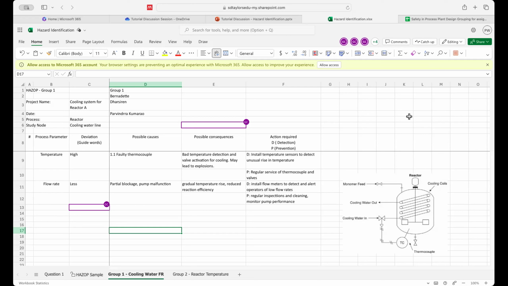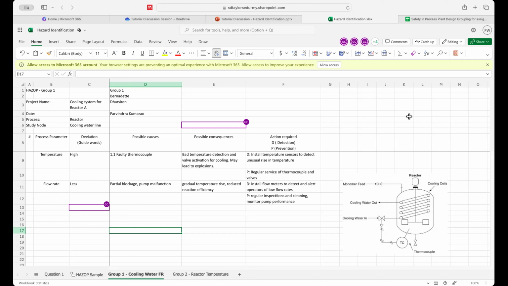But if you go into detail, at the end of the day, if you really work on the whole system, this reactor itself may give you 5 or 6 pages' worth of data and information. Now you only look at high temperature of your cooling water, meaning cooling water is supposed to come in at around maybe 10 degrees Celsius, and instead it comes in at room temperature. That itself is already an issue.